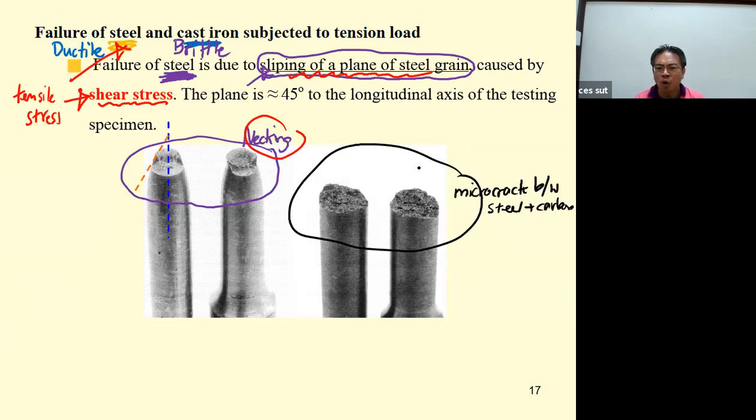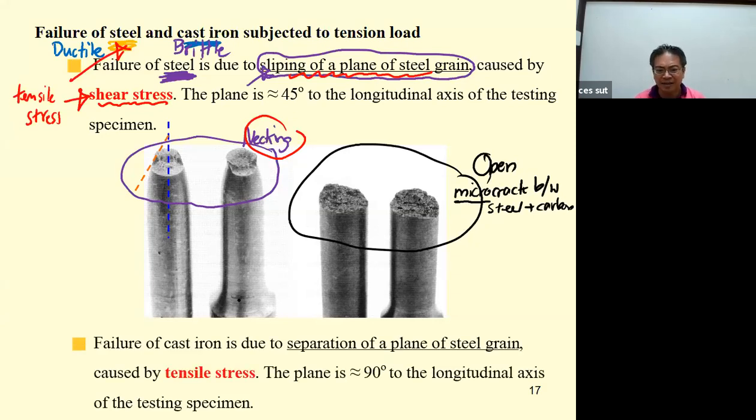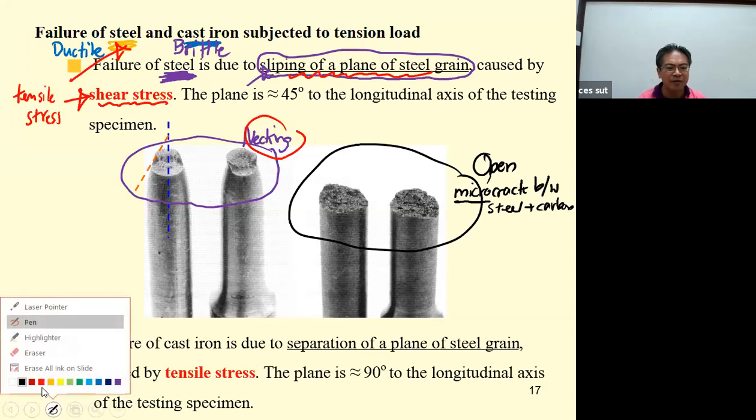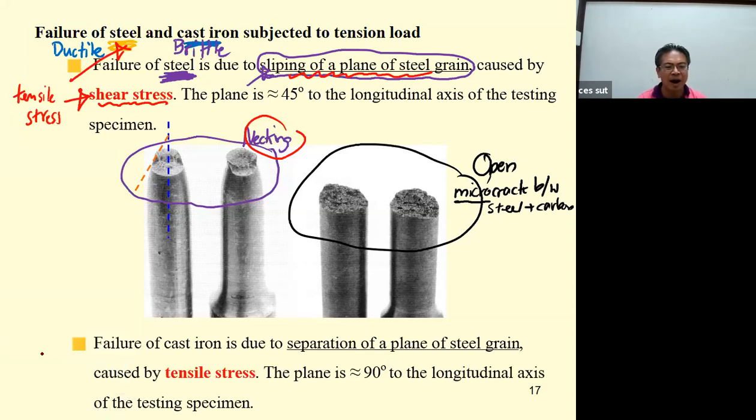When you pull it, the micro crack just opens up, and the area that receives the force becomes less. So the cast iron under tensile stress will fail by the opening of the micro cracks.